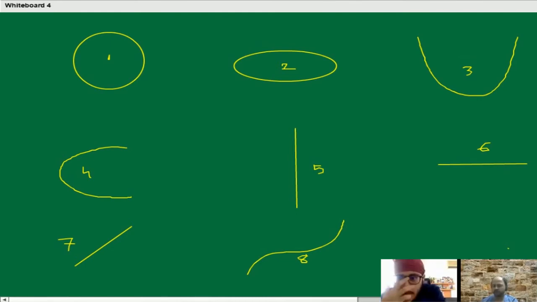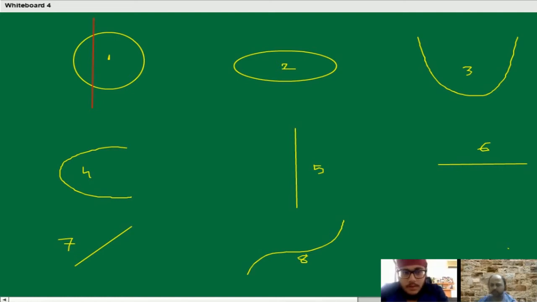We have to draw a vertical line in such a way that it intersects the graph at the maximum number of points. Does it make sense, Manu? Yes, sir.